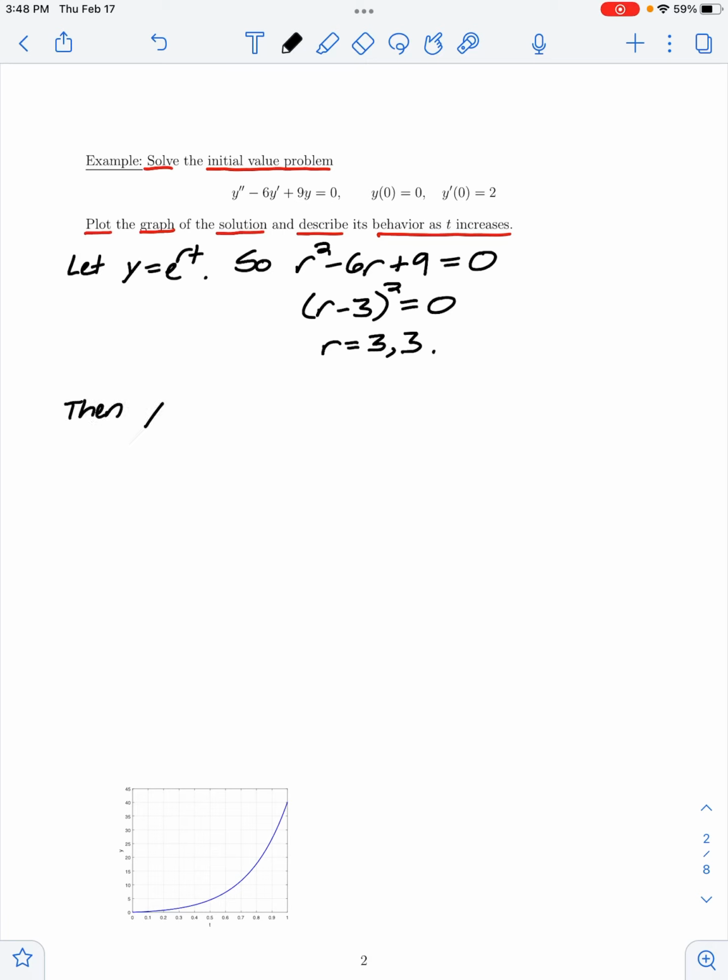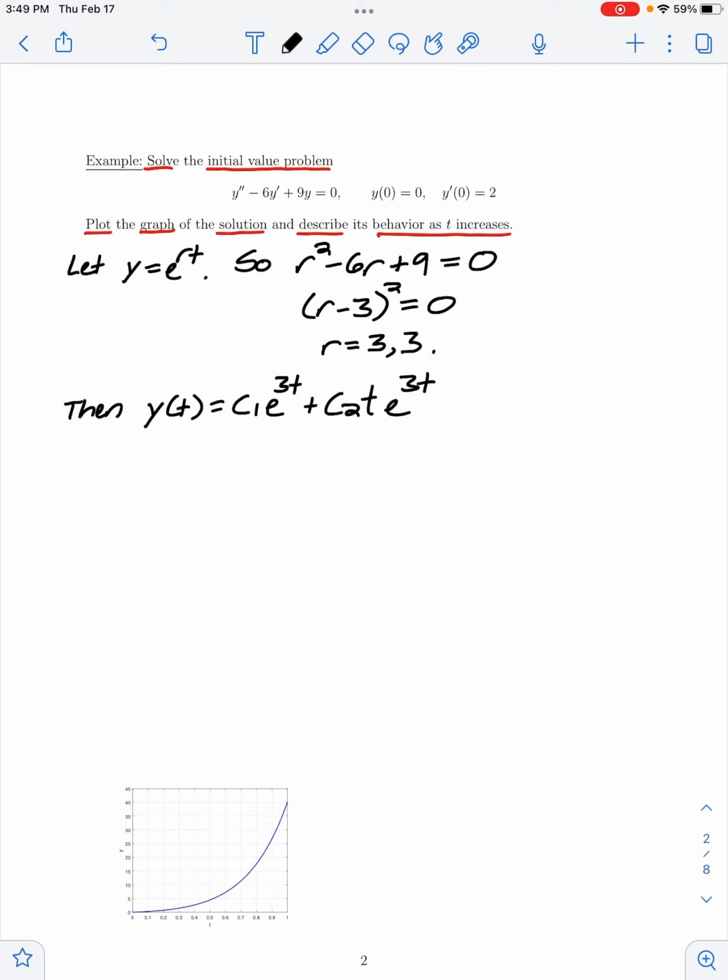So my general solution, y of t, is given by c1 e to the 3t plus c2 times t e to the 3t. And from here, I want to solve for c1 and c2 by applying my initial conditions.